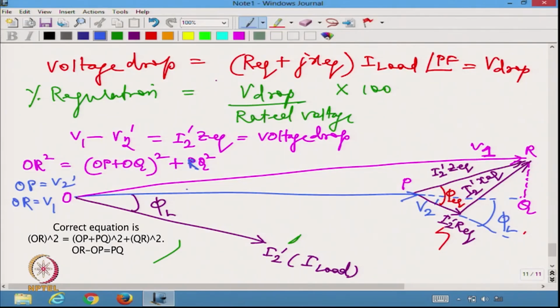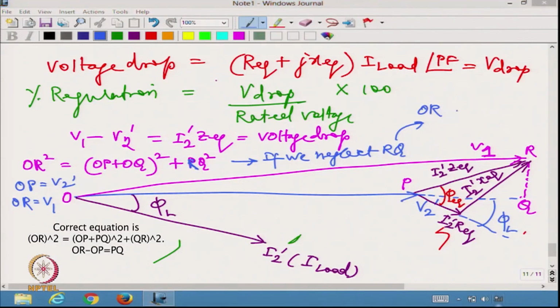So, if we neglect RQ, then I can write this as OR minus OP equal to OQ. So, OQ becomes my regulation.